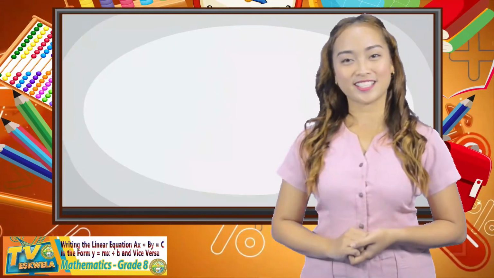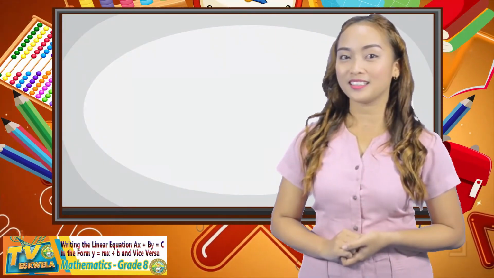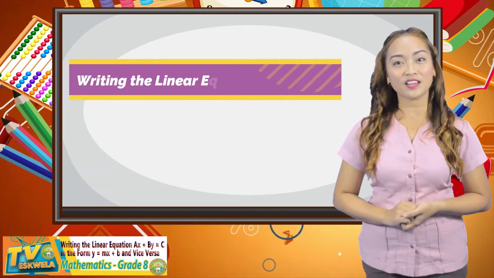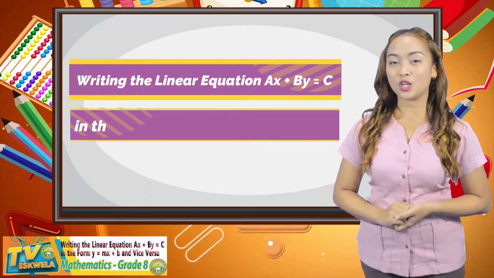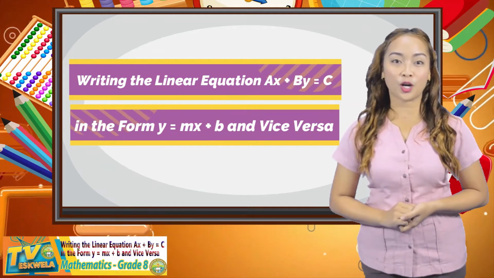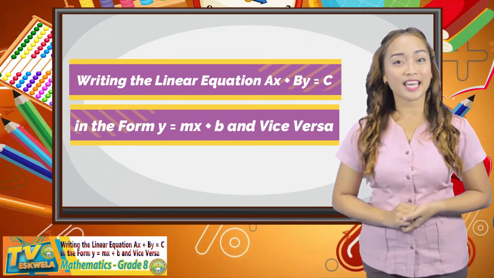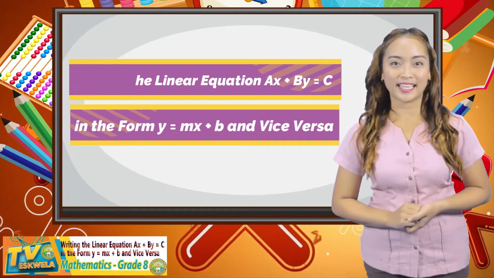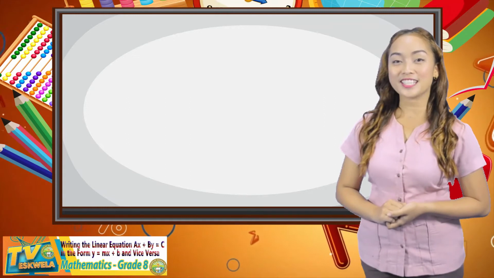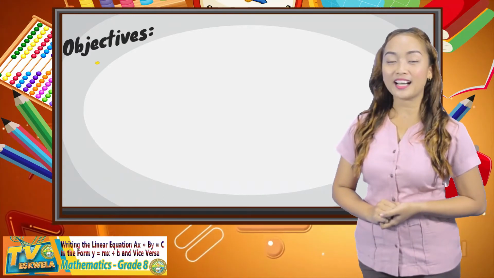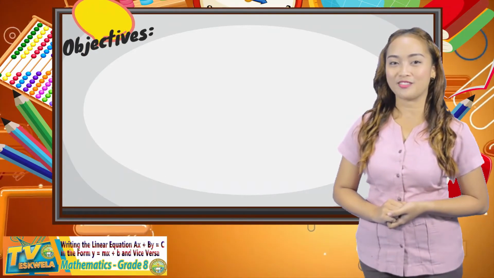Our lesson for today is all about writing the linear equation ax plus by is equal to c in the form y equals mx plus b and vice versa. For today's lesson, let us be guided by our objectives.